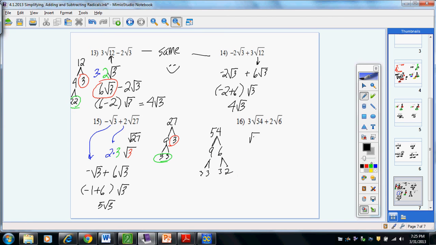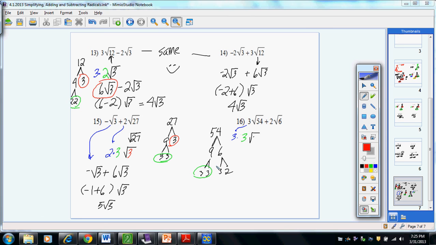Okay, so again we have a pair of 3's right here, so we'll move one of them out, bring down this other 3. Okay, and then here you'll notice that we actually have two numbers that don't have a pair to them. We have a 3 and a 2, so we'll bring those underneath the radical still.